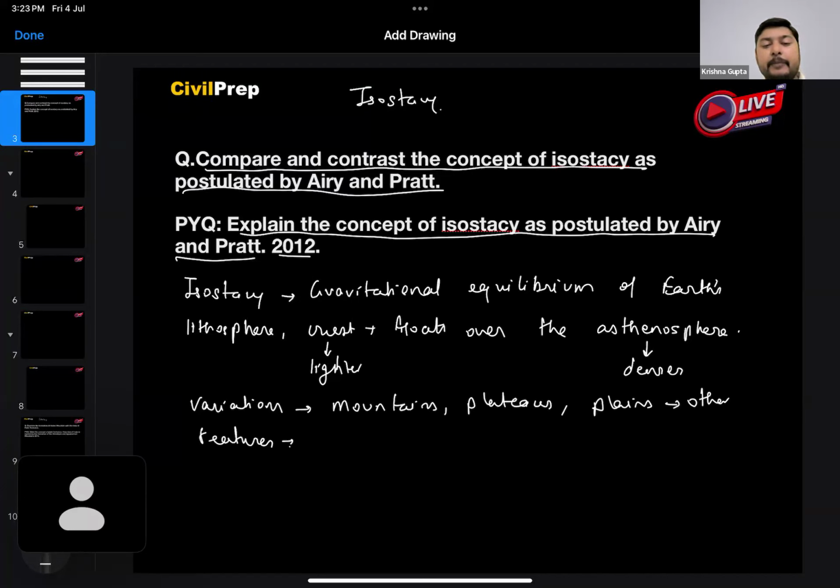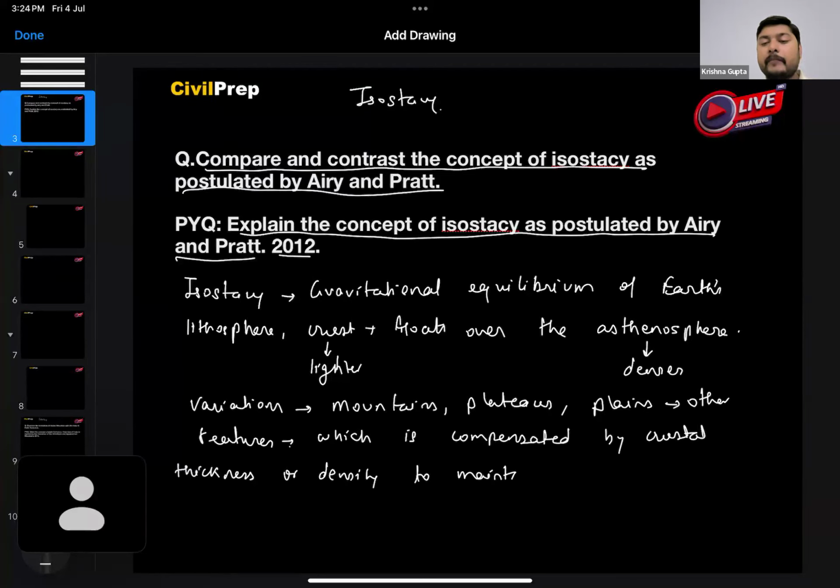These are compensated by the crustal thickness, or we can also add here density, to maintain the balance.